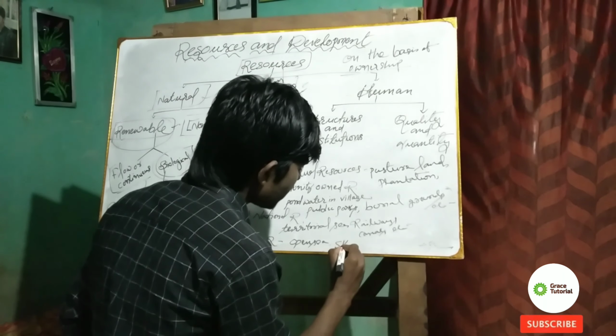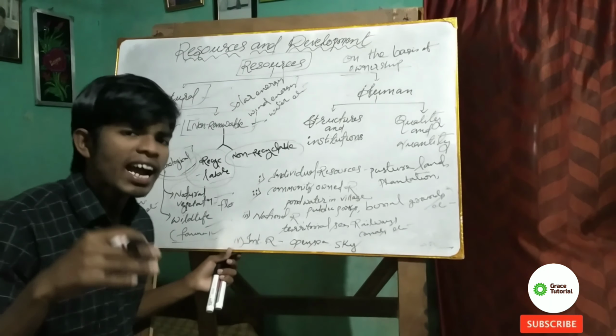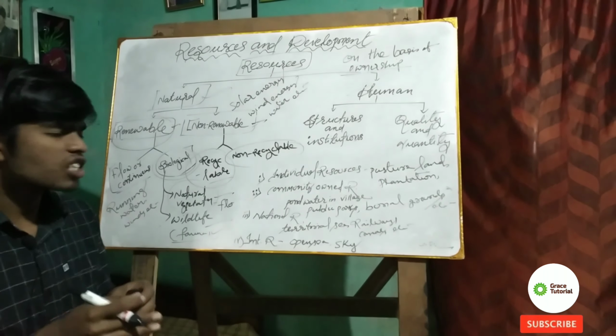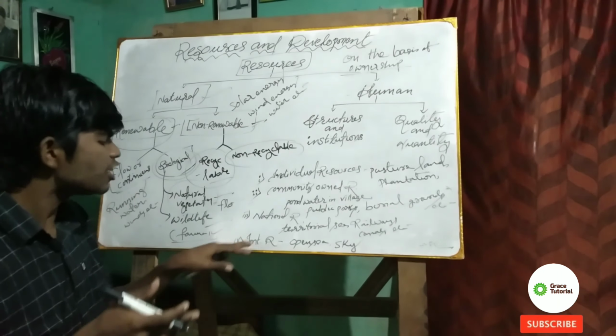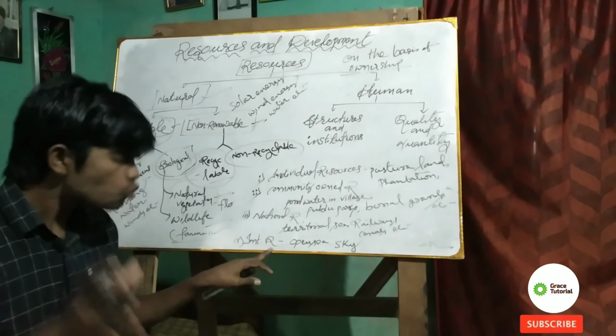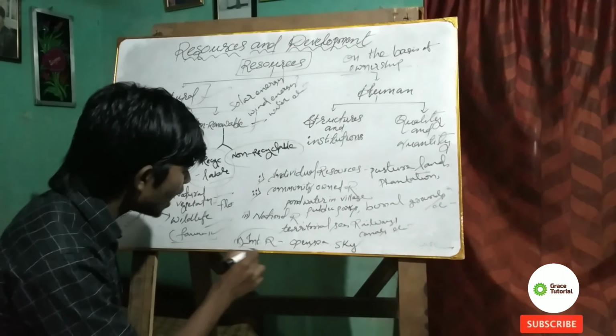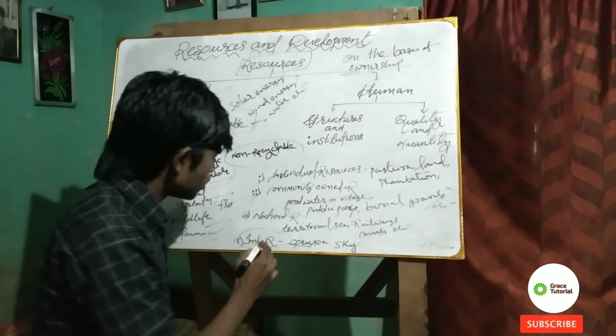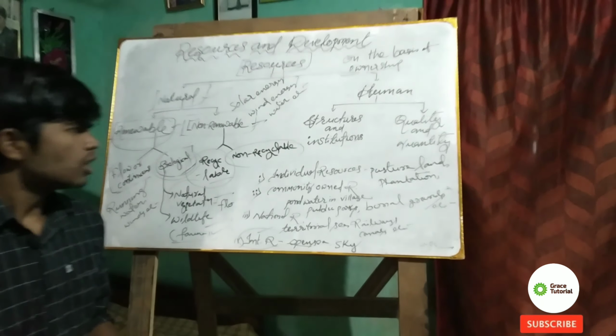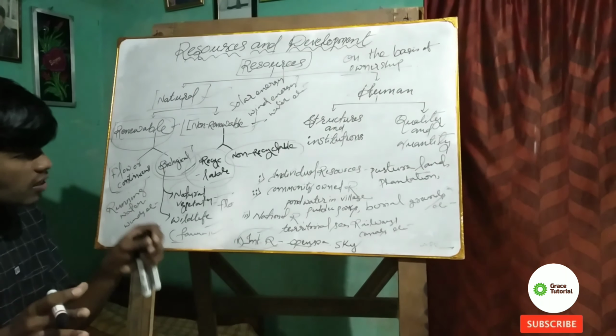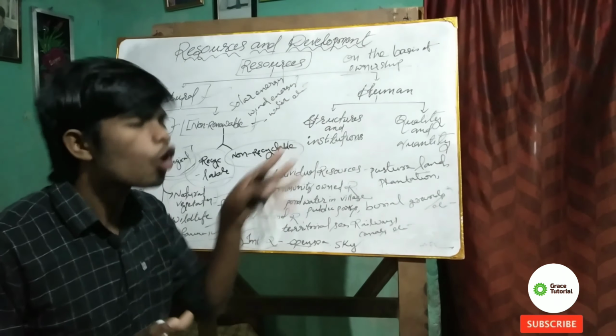Similarly, the open sky, which is used for flight movement. These are the resources which are controlled and regulated by the international institutions. That's why these resources come under the international resources. Well, that's all about the various types of resources on the basis of ownership.